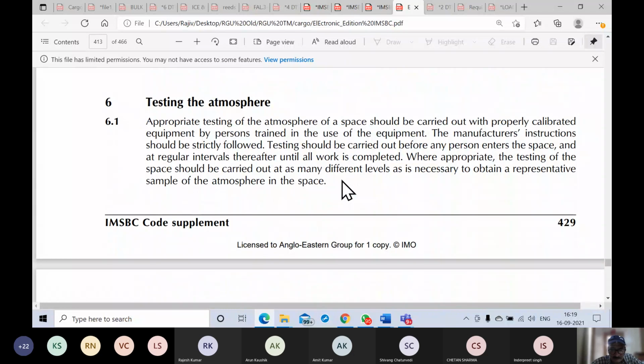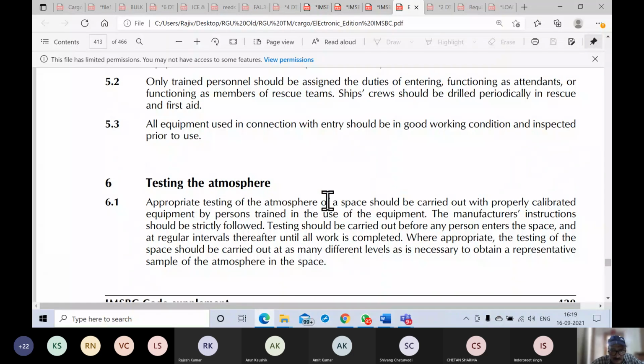Atmosphere testing, properly calibrated instruments, and trained people for use of that. Testing should be done frequently, even when the person has entered or is about to enter, and should have a representative sample of the atmosphere in the space, maybe by an acidification tube where it sucks the air.